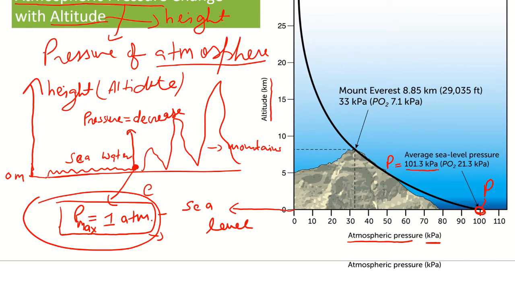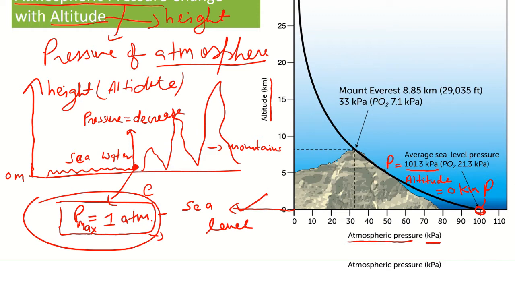So this is the value of the atmospheric pressure at the sea level, when the altitude is 0 kilometer, no height. The value of the pressure at the sea level is exactly 101.3 kilopascal.